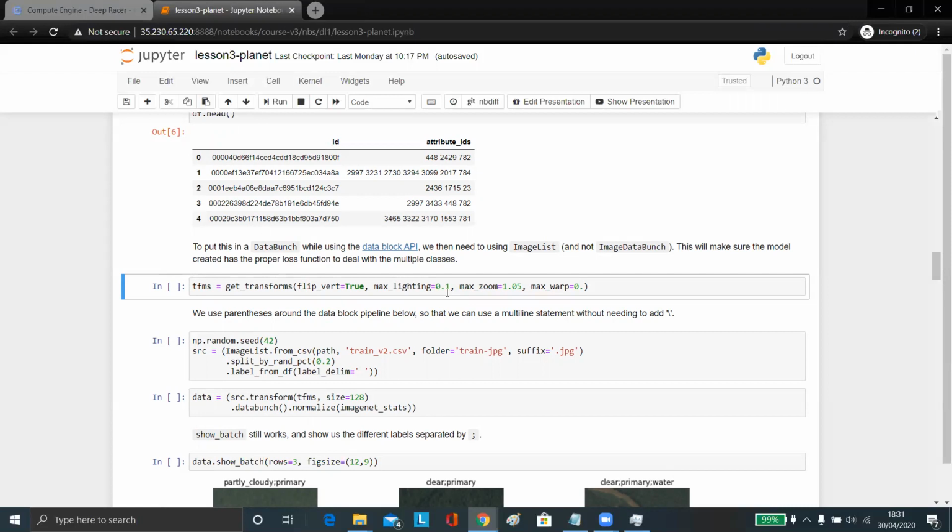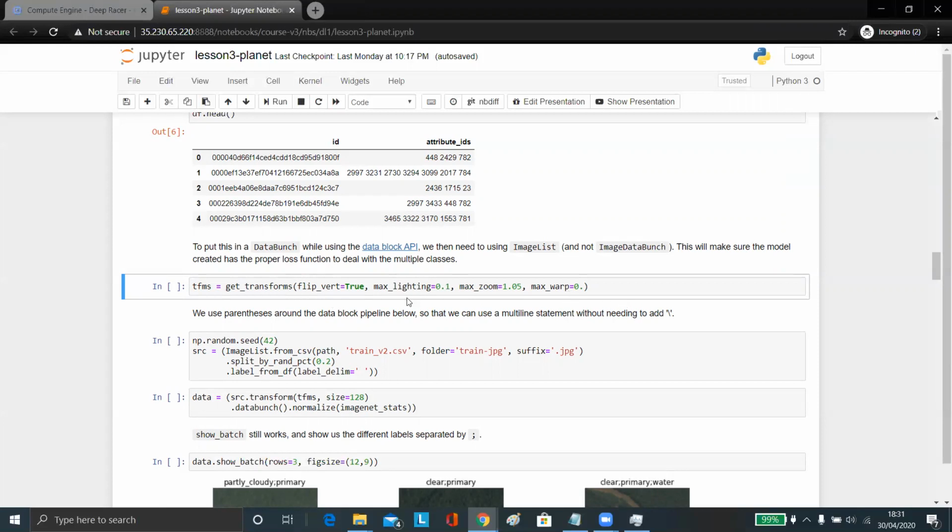The flipping vertical is to allow it to flip vertically. The max lighting is just changing the amount of brightness that it can play around with. And the zooming and warping is to constrain it warping an image.